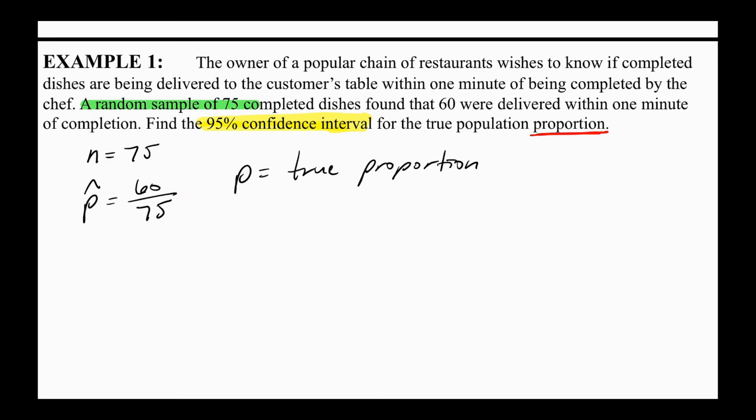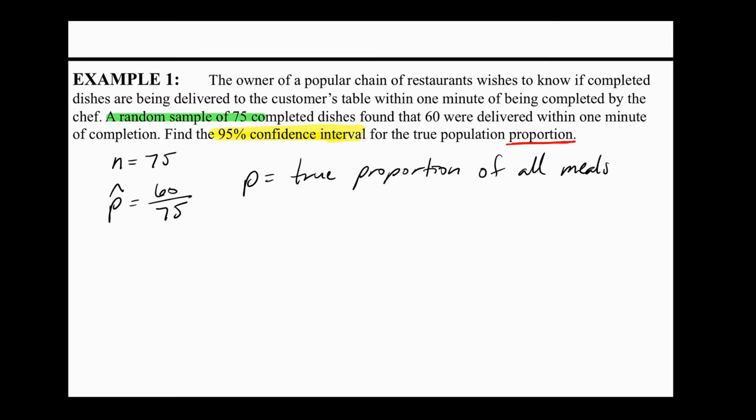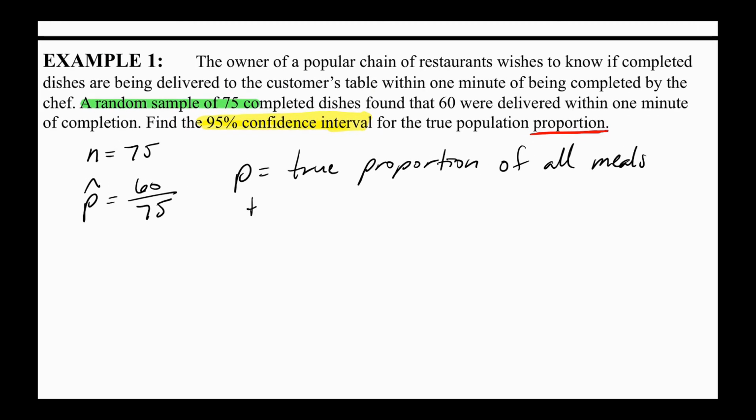60 out of 75. So P would be every meal, right? The true proportion of all meals that reach customers within 1 minute.